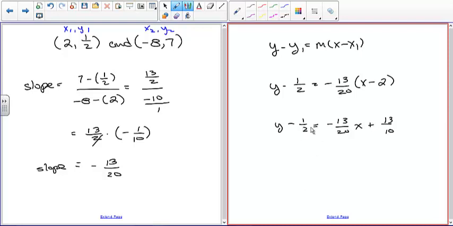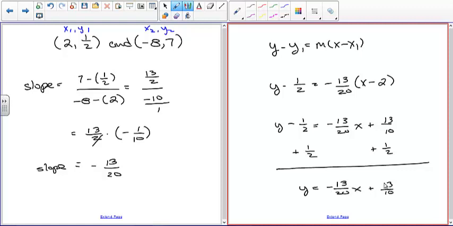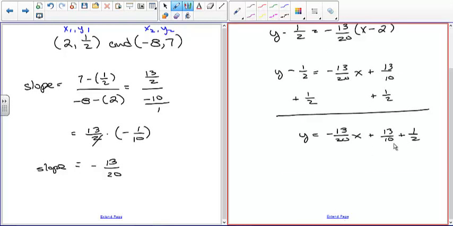Now all we have to do is add a half to each side. So you get y is equal to negative 13/20 x, and then you have 13/10 plus 1/2. You need to find a common denominator. So the common denominator would be 10.